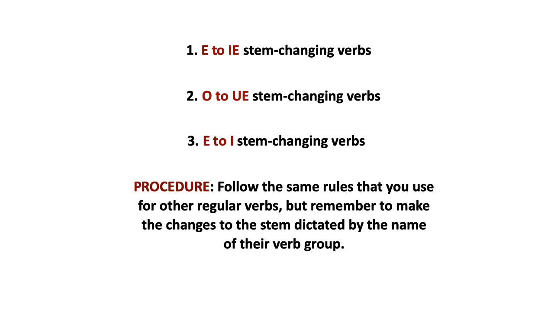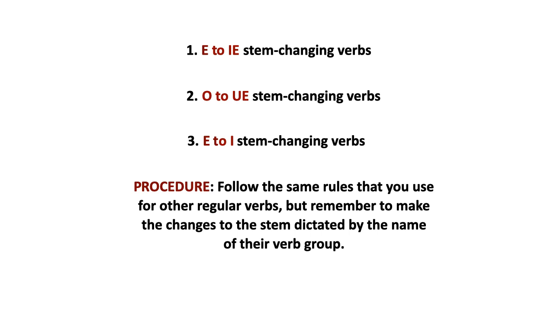And that's it. And always remember, because I have encountered students that have this confusion, they are stem changing verbs, right? This has to do with the stem, not the endings, right? The endings remain the ones that you know, right?